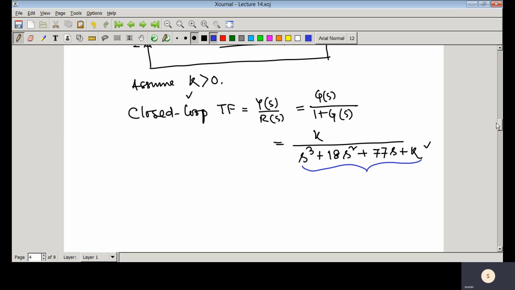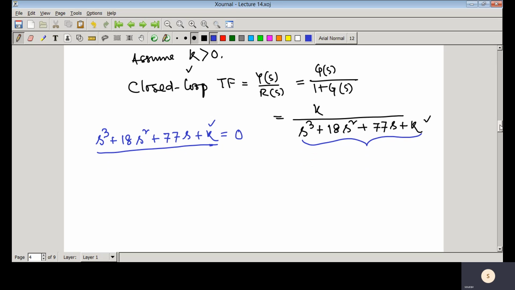Suppose we have that characteristic polynomial, which involves that K. This is equal to 0. We need to find what would be the value of K or range of K such that this polynomial would be a stable polynomial, with all roots in the left half of the S plane.